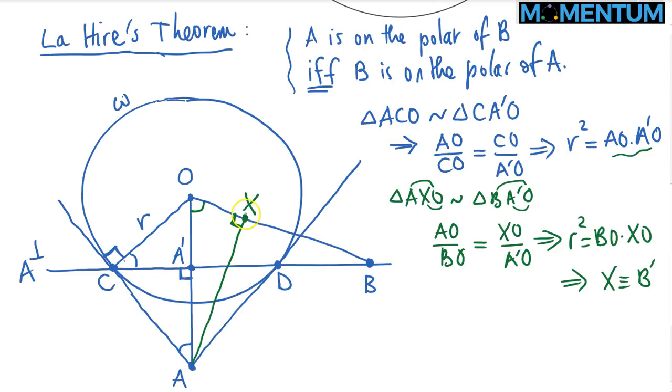So therefore, what we have shown is that AX is the polar of the point B, and indeed it goes through the point A as desired. So starting with a point B on the polar of A, we have found that A has to be on the polar of B.